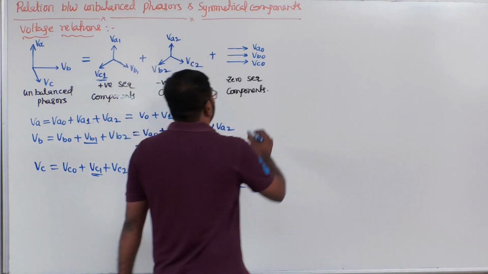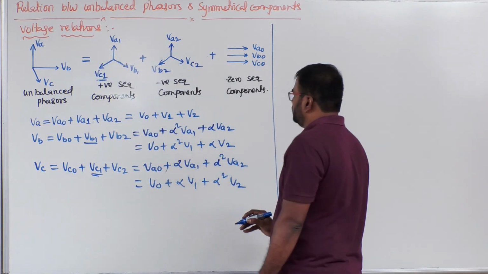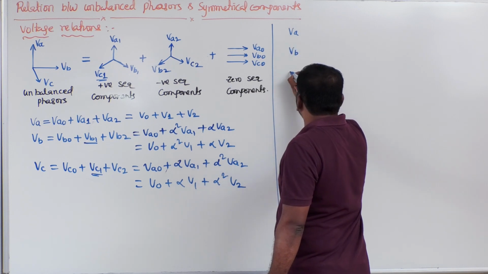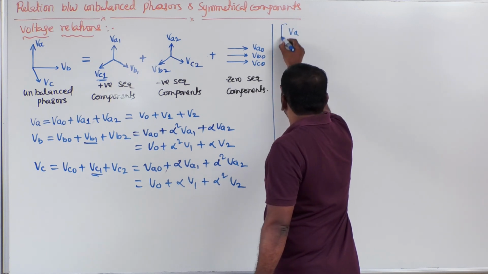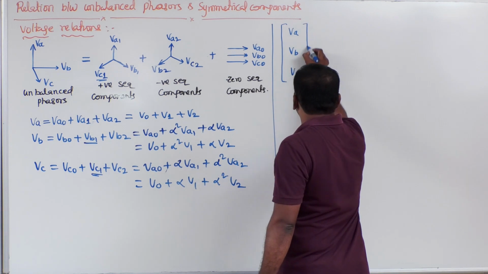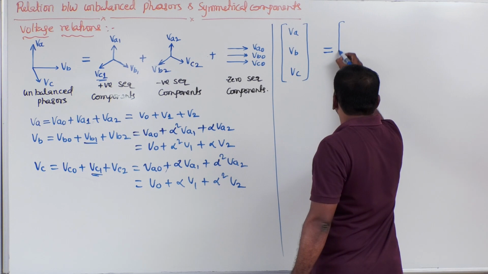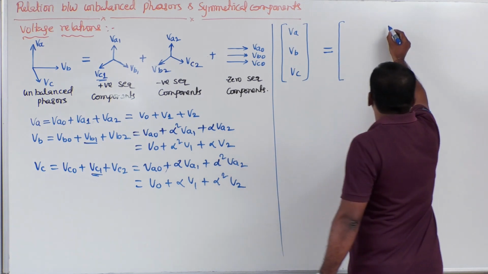Now we can write in matrix form. I am just writing in matrix form. Have a look here. VA, VB, VC on one side is equal to, we will fill this matrix later.